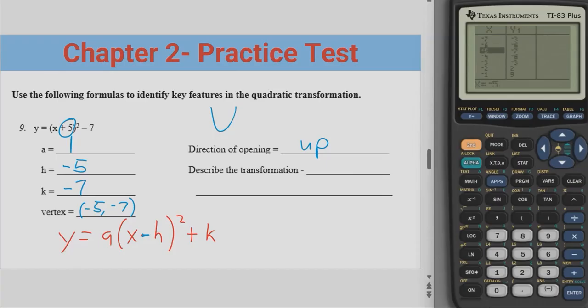So you can kind of work backwards on the whole AHK by graphing. I see that the vertex moved from 0, 0 to -5, -7. So my description of the transformation would be left 5 for the -5, and then down 7 for that -7 for the k value.